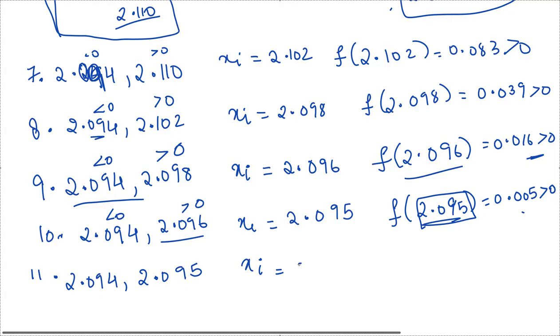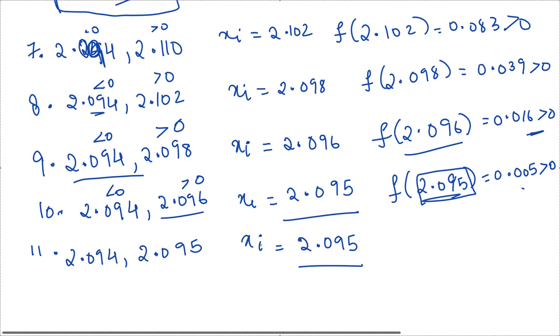So what is the value of it? The value of it is again, I think, approximately 2.095. So when we are getting the same xi approximately, correcting to 3 decimals, because in this question it was 3 decimals, we can tell that this itself is our answer.